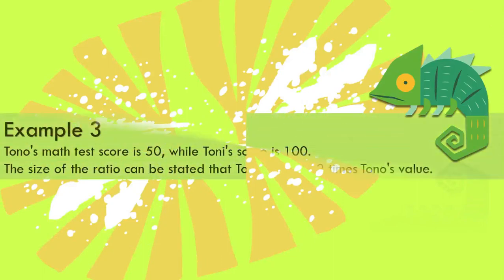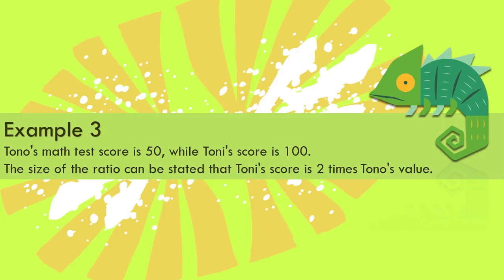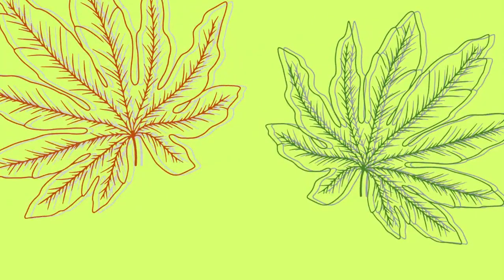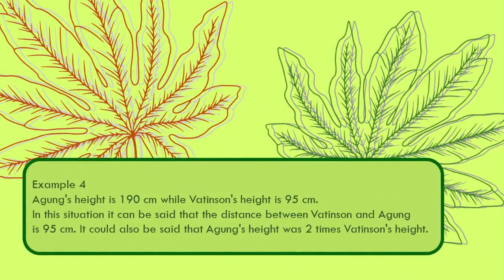The other example. Tony's math test score is 50, while Tony's score is 100. The ratio can be stated that Tony's score is 2 times Tony's value. Example 4.